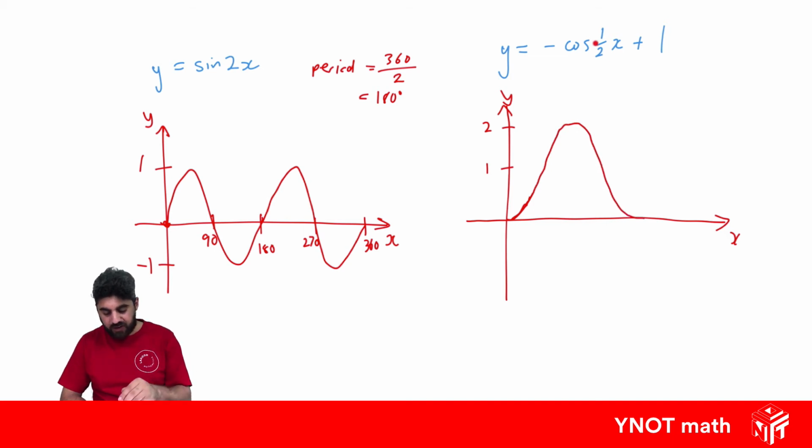And if we only want to show half a period to get to 360, that means half of the period is actually going to get us to 360, and we're not going to need any of the rest of the graph, so we can rub all that out. And that's actually going to be our final answer for the graph.